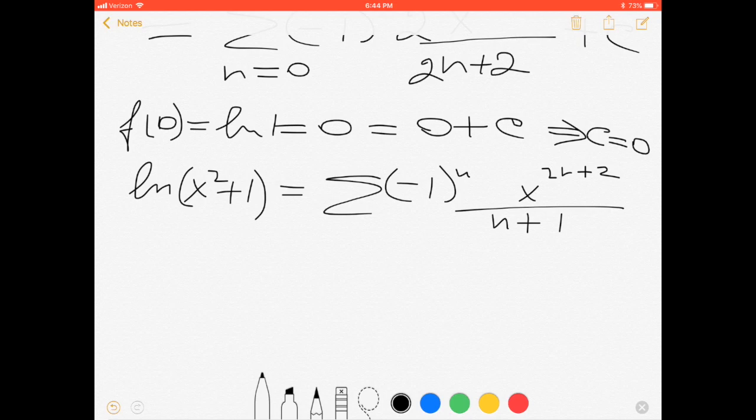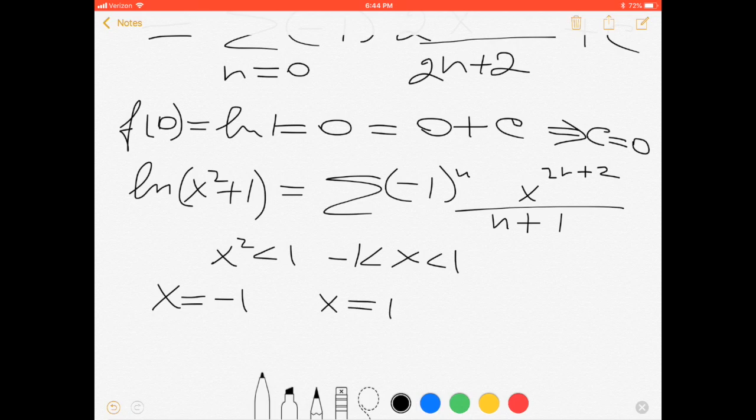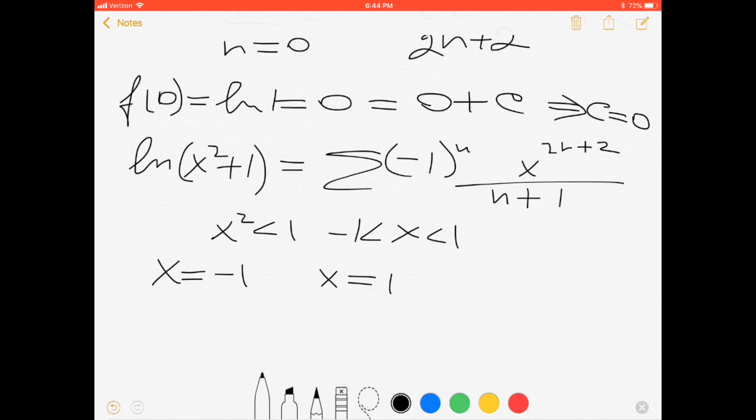What about the interval of convergence? Our derivative function's interval of convergence was where x squared is less than 1, which means x between negative 1 and 1. But because we found an antiderivative, here we need to check the endpoints. What happens if x equals negative 1? Here we can check at the same time x equals negative 1 and x equals 1, because an even power of x gives us the same result.